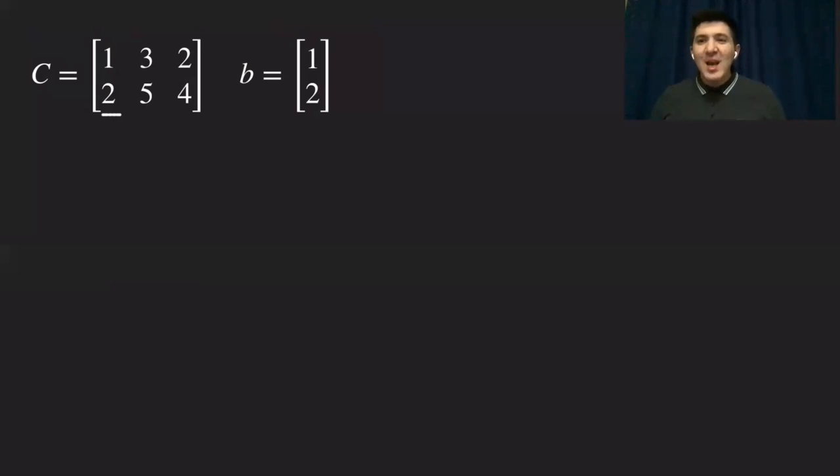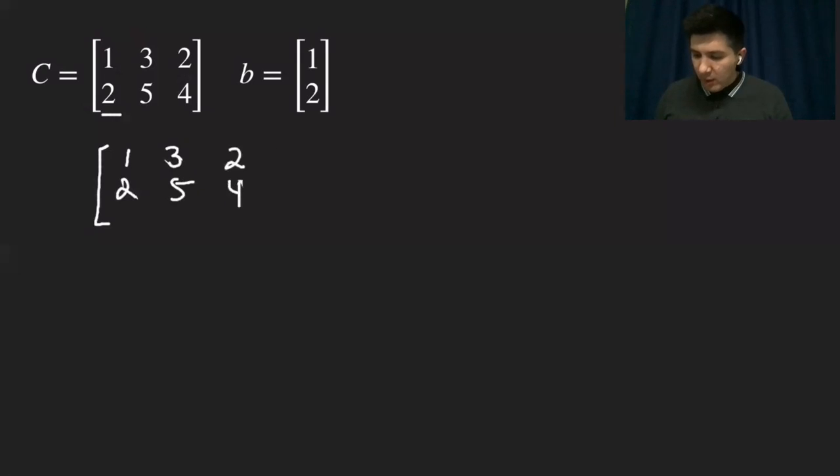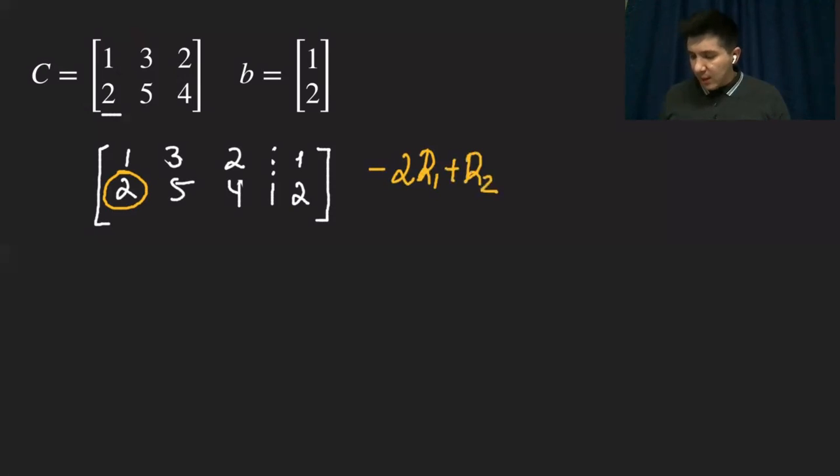So let's see technically how this happens. I'm going to create the augmented matrix: 1, 2, 3, 5, 2, 4, and then 1, 2 again. We need to bring this matrix into row echelon form. I'm going to multiply the first row by -2 and add it to the second.